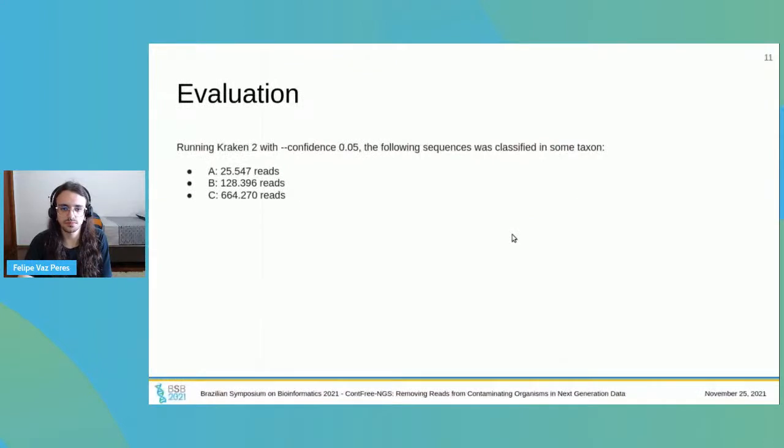And after running Kraken 2 with confidence 0.05, the following sequences were classified in some taxon. And as you can see here, for the 3 datasets, nearly half of all sequences were assigned to a taxon. So we can choose whether we will remove these reads or not.